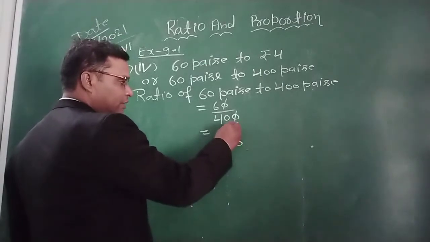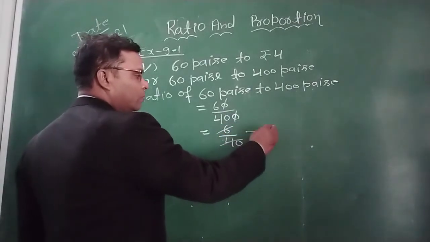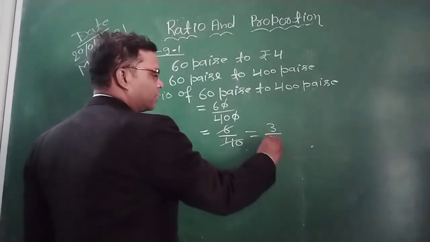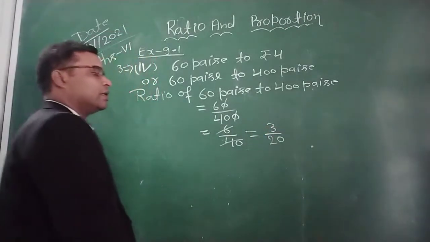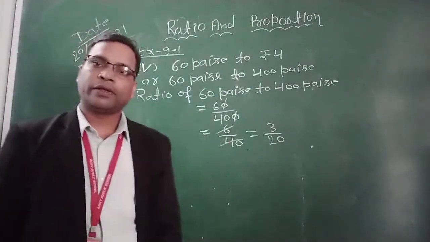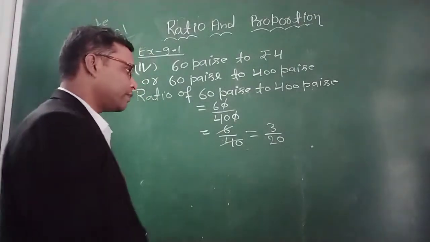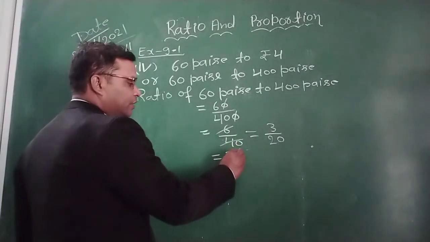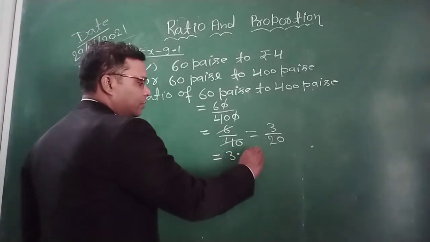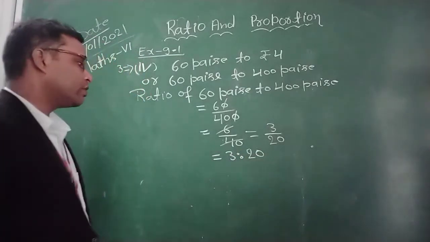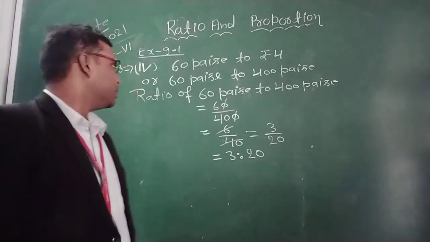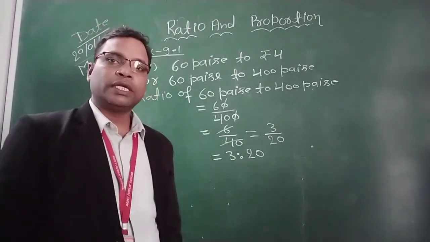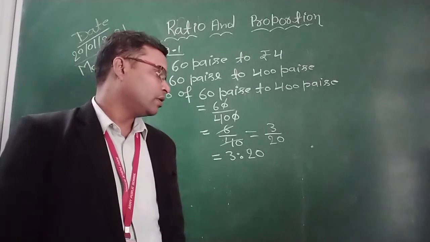Also if you cancel it by 2, then 2 3s are 6 and 2 20s are 40. So this is equal to 3 ratio 20. This is the required ratio. Okay, ratio of 60 paise to 400 paise is equal to 3 ratio 20.